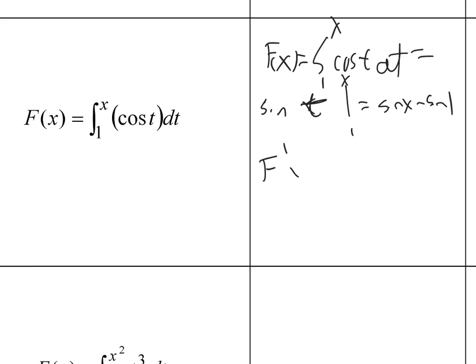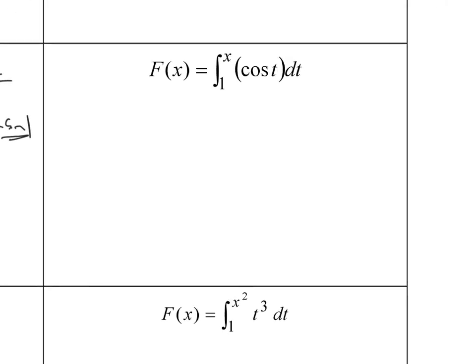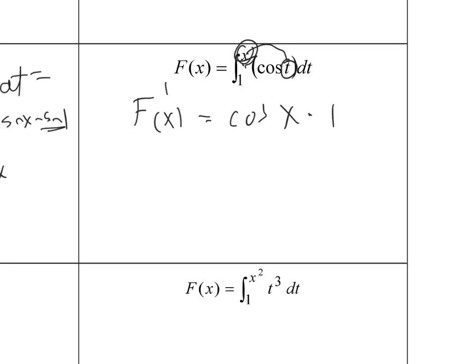F prime of x would be the cosine of x, and the derivative of sine of 1 is still 0. The shortcut to getting the derivative of the integral would be that function plugged in there, cosine of x times the derivative of x, which is 1. That wasn't very exciting.